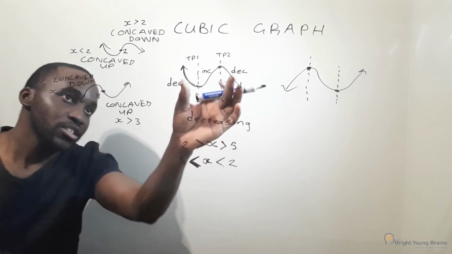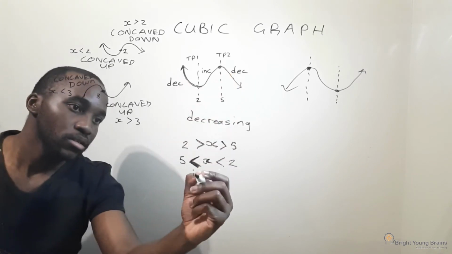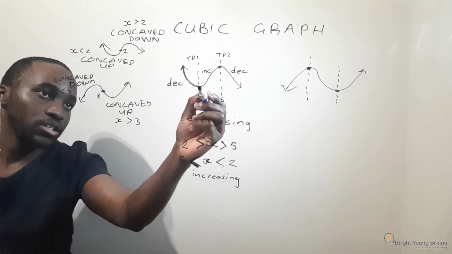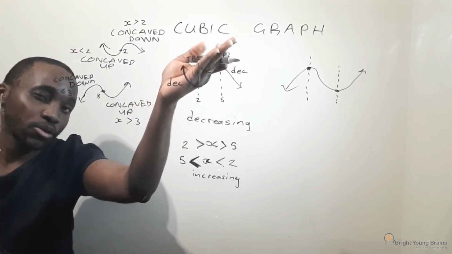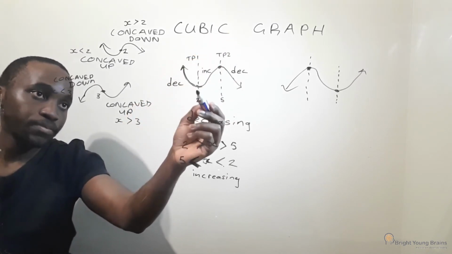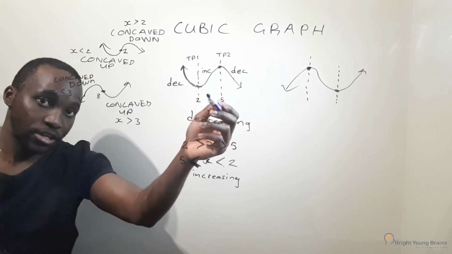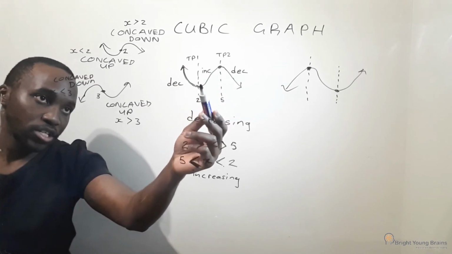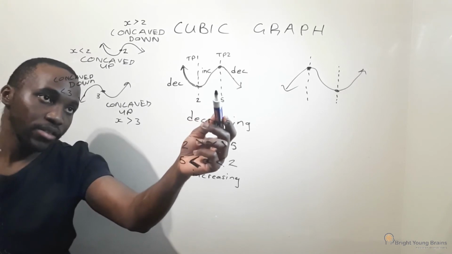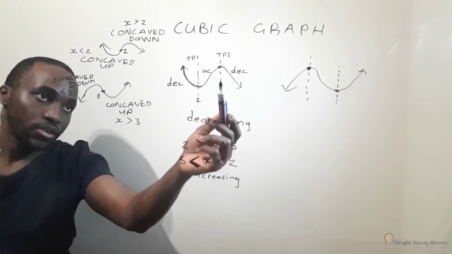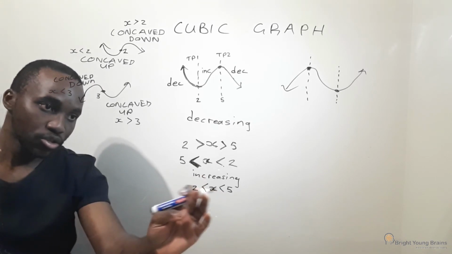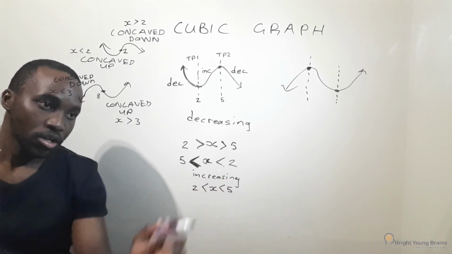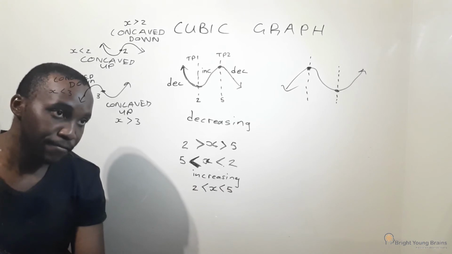So if they were asking us where is our graph increasing, we know that this graph is increasing from here until there. That's the portion where our roller coaster would be going up. So your graph is increasing where your x values are bigger than 2 and where your x values are smaller than 5.